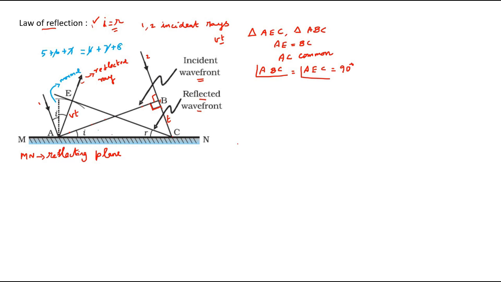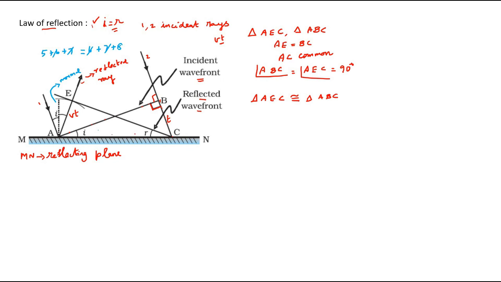So what can we now say? The two triangles are congruent. Triangle AEC is congruent to triangle ABC. So this angle, what is that angle?